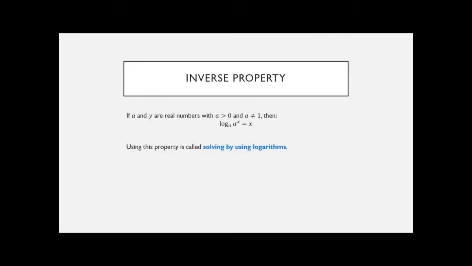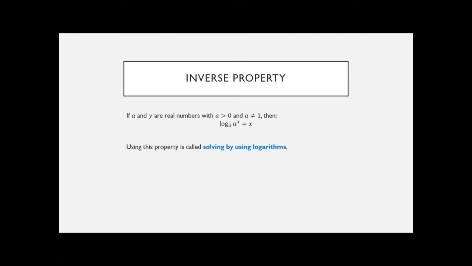So the other rule that we have is the inverse property. And so this is one of the basic properties of logarithms. One of the reasons why we covered all the properties of logarithms before we went into the solving is so that you're familiar with these properties.